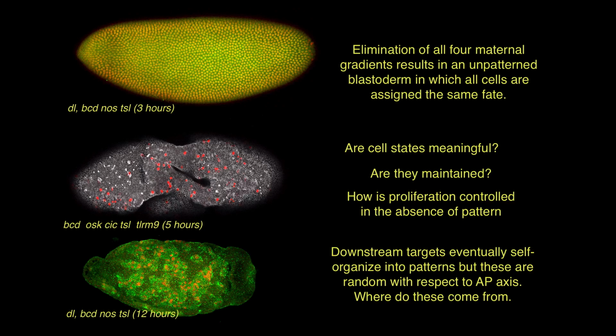In other cases, we can generate initial states that are slightly off of anything that exists in the embryo, and then ask, do the circuits drive you back to meaningful states? Are the states meaningful? Are they maintained? How is proliferation controlled in the absence of pattern? Do these embryos undergo proliferation?